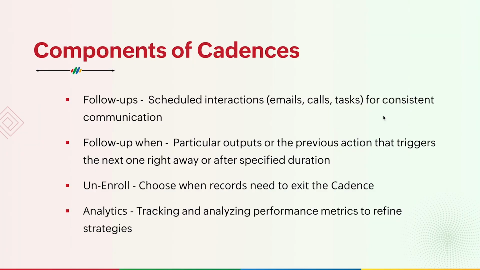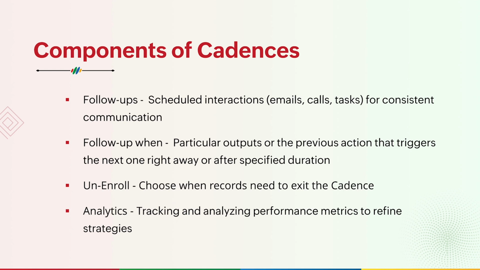Follow-ups are predefined interactions we have with our records, such as sending emails, making calls, or scheduling tasks. Email, being the most direct type of communication, allows us to schedule a single template that needs to go to every user at that particular time. At points where we require our users to pick up the phone and actually interact with the potential customer or rely on specific data, we'll automate calls to be created.